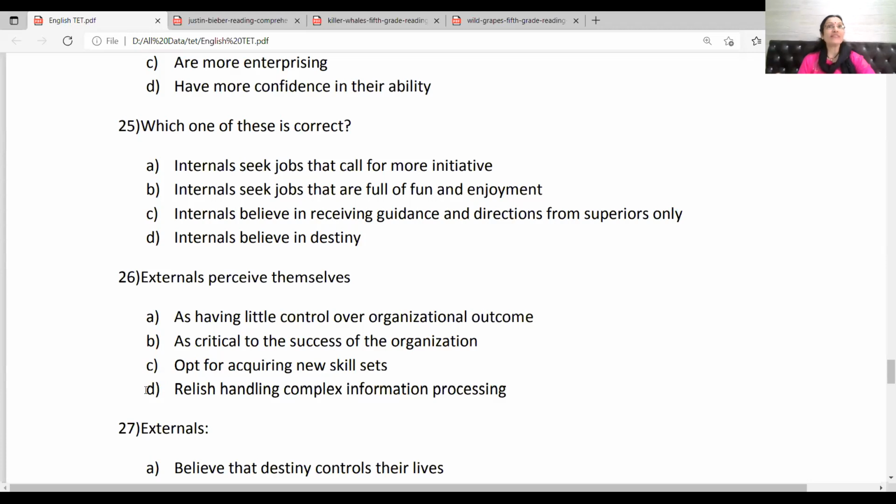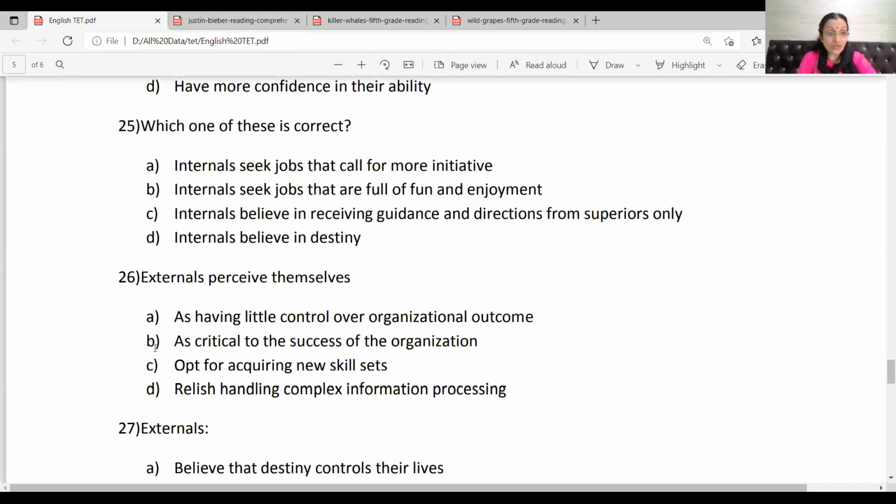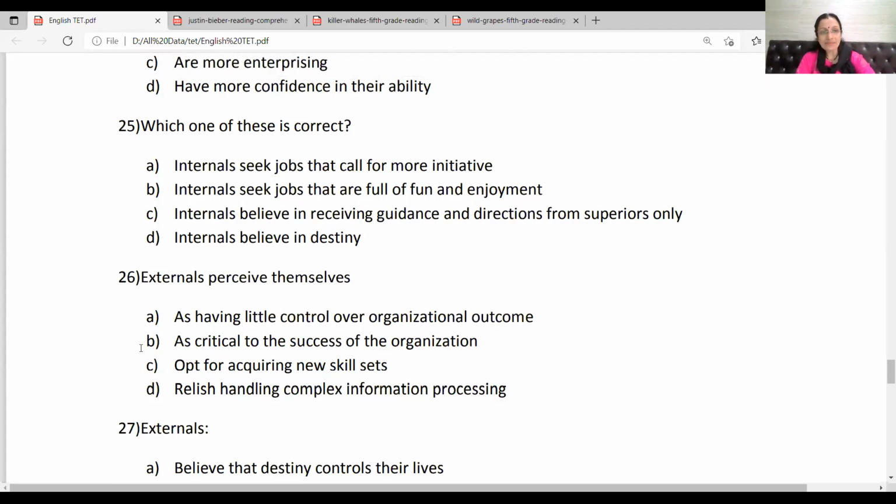They go for new skill sets because they are taking initiative. They are in charge of their lives. They like complex information processing. Even B is for internals, right?